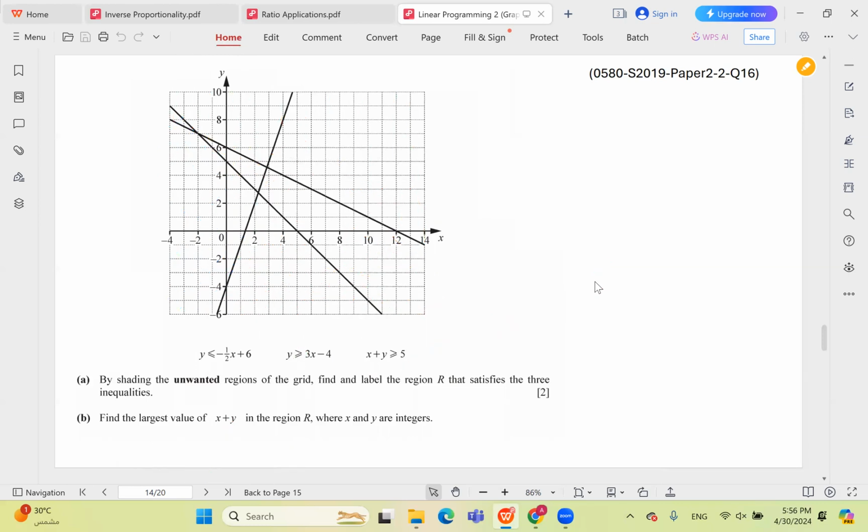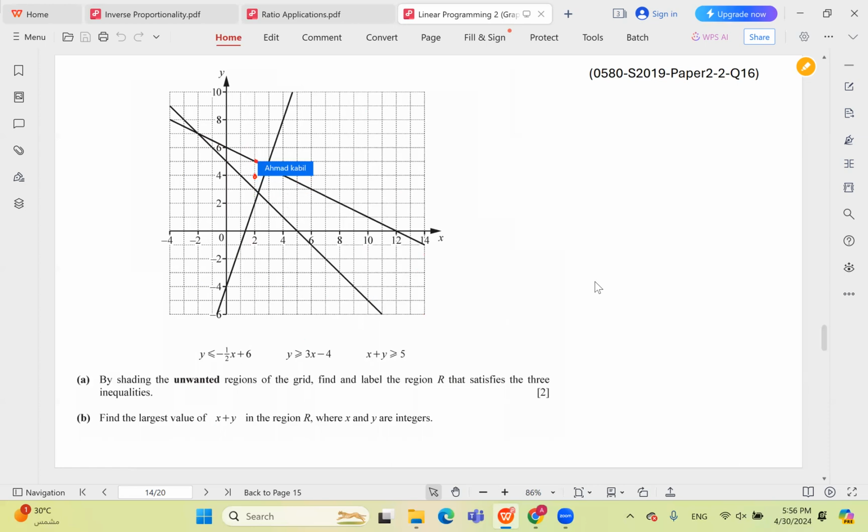However, let's check again. It's slightly less than 3 and slightly more than 4. So it's this point here. You want x and y to be integers, so that doesn't work. So you have to move slightly to the left. You have to take this point, for example, or this point.